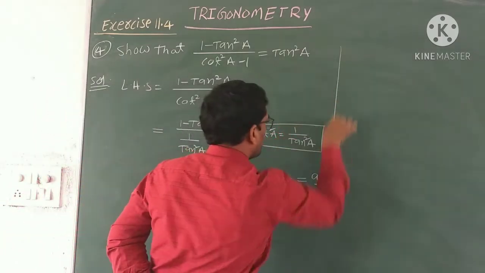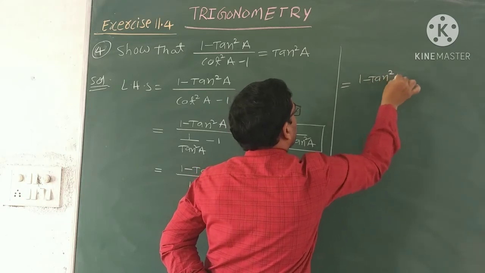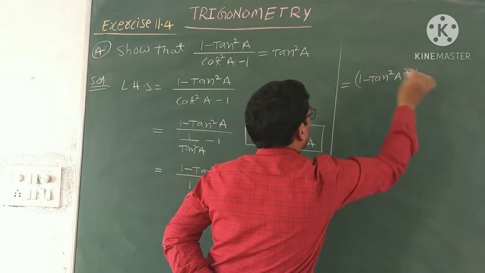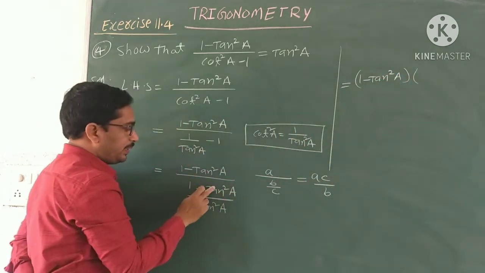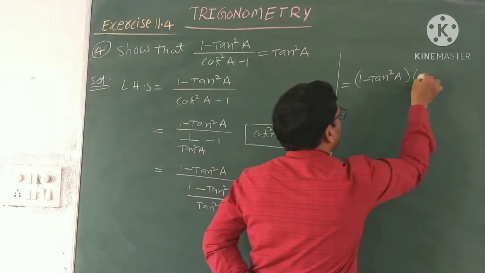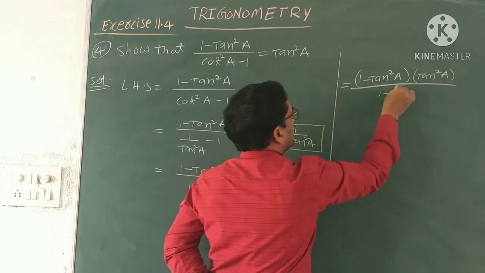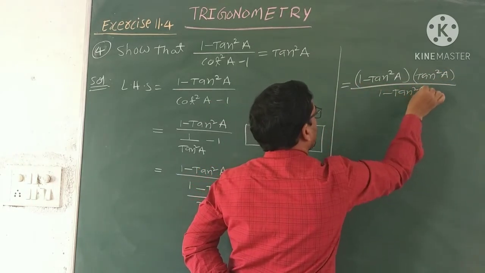So write the first numerator as it is, 1 minus tan square a, into c, which means tan square a, by the denominator as it is, 1 minus tan square a.